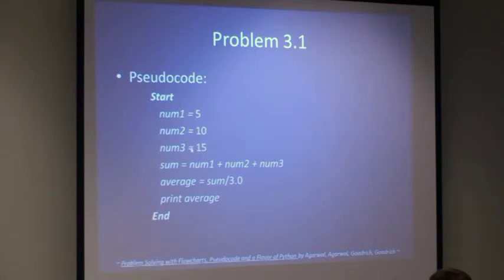So what are the dependencies? Now sum depends on knowing the values of these three. So you got to do these three before this statement. That's one dependency. But are these dependent on each other? No. They can be done in any order. Okay?